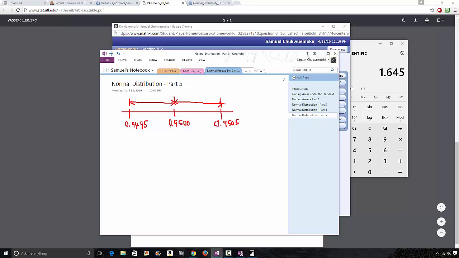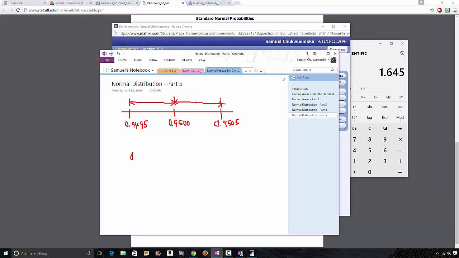So you just do 0.9500 minus 0.9505, square it, because some people will subtract in a different order and it will give you a negative. It doesn't matter, if you square it, it will be positive.